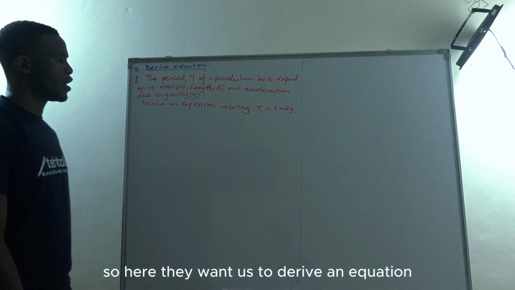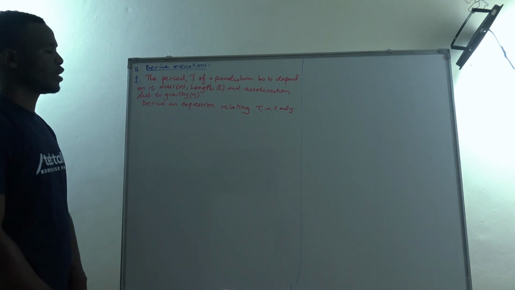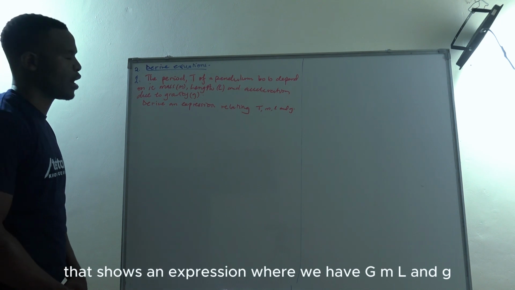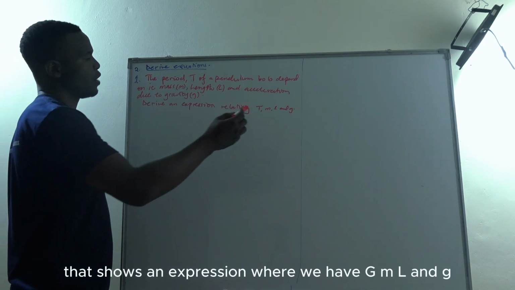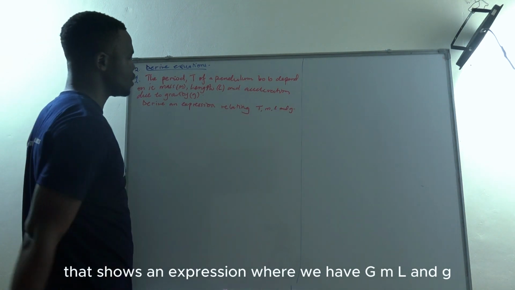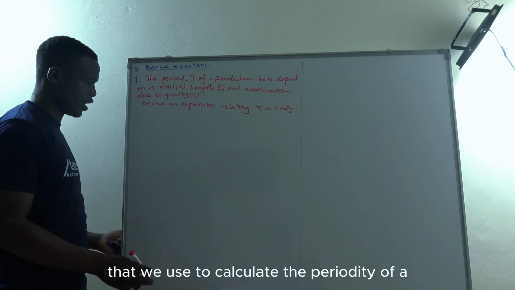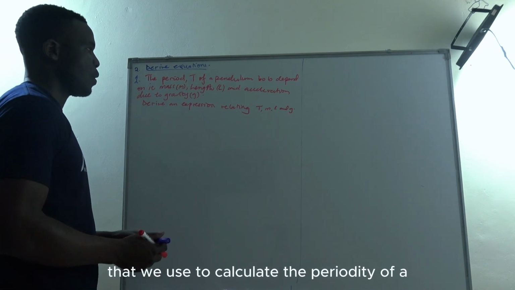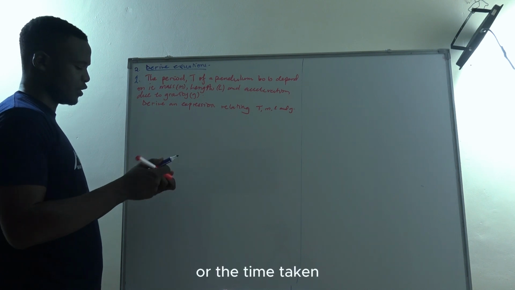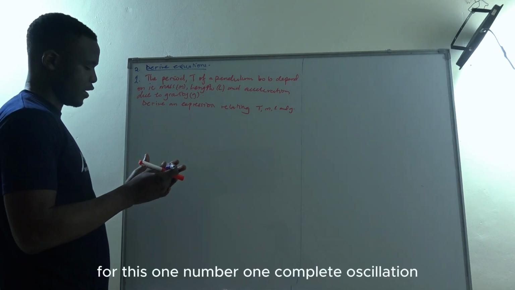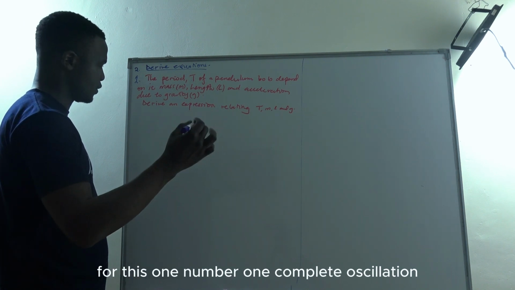So here, they want us to derive an equation that shows an expression where we have T, m, l, and g. This is the expression we use to calculate the period T of a pendulum bob, where period is the time taken for the pendulum bob to make one complete oscillation.